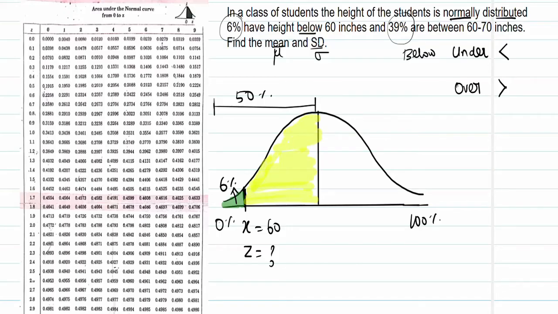So this is from the center of the table to any particular position. What is the position now? X equal to 60 is going to be the position. Now how much is this yellow colored portion contributing? What is the area? It is going to be 50 minus 6. 50 minus 6 contributes to 44% of area. So this yellow portion is 44%.